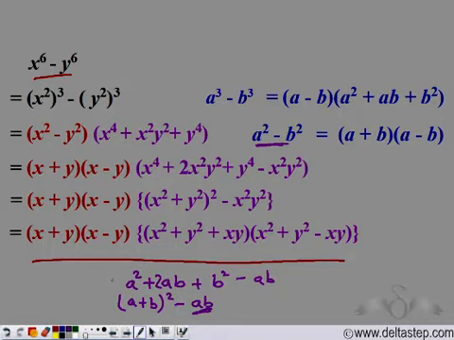So if you see in the last step, we have x square plus y square plus xy. So that is a square plus b square plus ab. Now we do not make it a plus b whole square minus ab, because this ab, xy, is not a square term. So there is no benefit of doing it and we will not be able to further factorize it if we bring it to this form. Same is the case when we have minus ab.